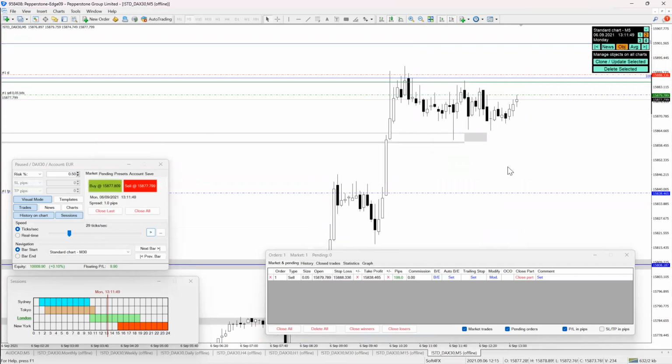I'm thinking that if this is going to go down, the easier move will now be underneath here. Let's just see what it's going to do.